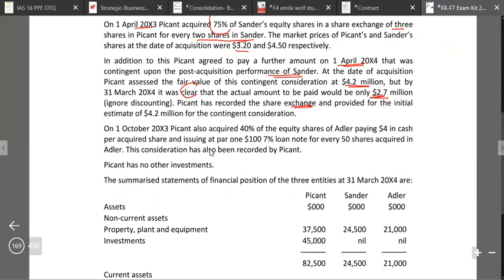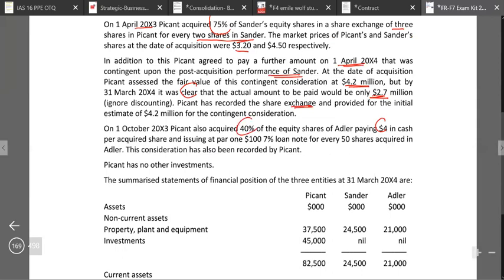On 1st October 2003, Picant also acquired 40% of the equity shares of Adler, paying $4 in cash per acquired share and issuing at par a $100 7% loan note for every 50 shares acquired. So now this is an associate because they have acquired 40% of the shares.